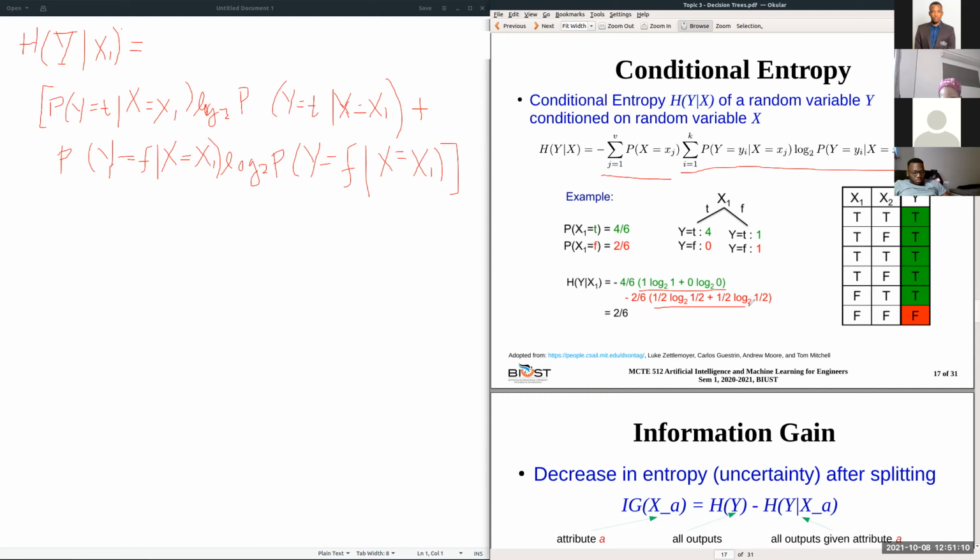So Y given X1, Y is true. So that is 4, with all the output being 4, over 4. So that is 1. Okay. And then, is that correct?